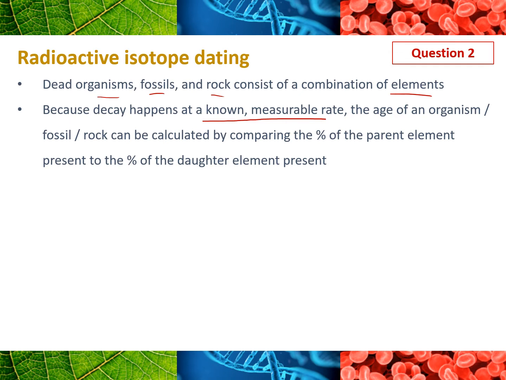Because it happens at a rate that we know and measure, we can calculate the age of either a dead organism or a fossil or a rock by comparing the amount of the parent element to the amount of the daughter element that is present.